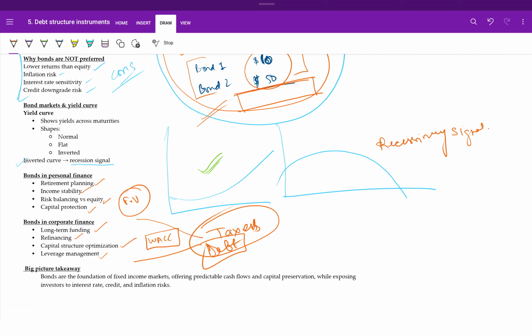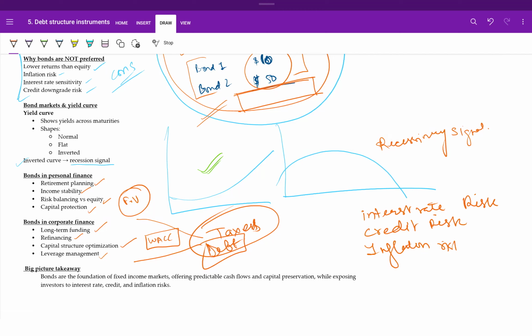So finally, in the end, bonds are the foundation of fixed income markets. They provide predictable cash flows and capital preservation, but they also expose investors to interest rate risk, credit risk, and inflation risk.